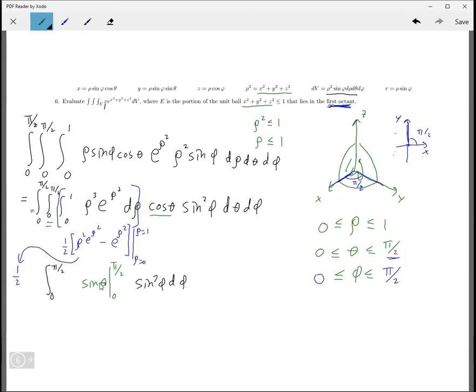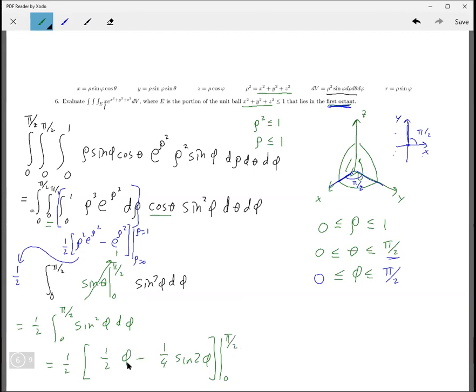And that is, if you put pi over 2, then you get 1, subtract sine of 0, that's 0. So this is just 1. Okay, so you have 1/2 times the integral from 0 to pi over 2 of sine squared phi d phi. And the integral of sine squared is 1/2 phi minus 1/4 sine of 2 phi, going from 0 to pi over 2.